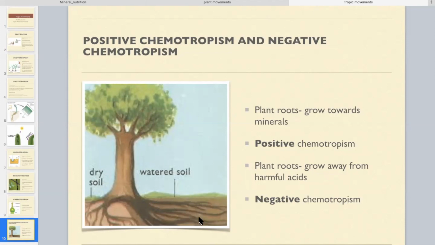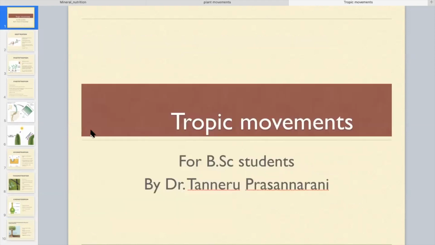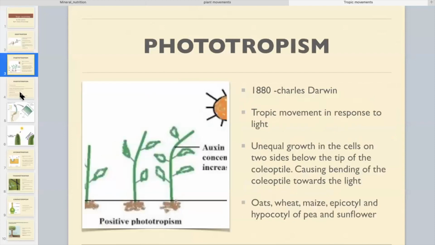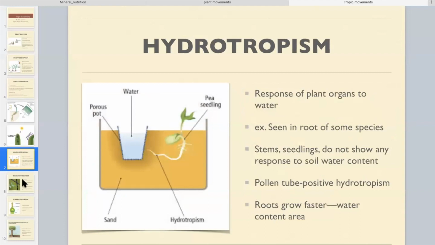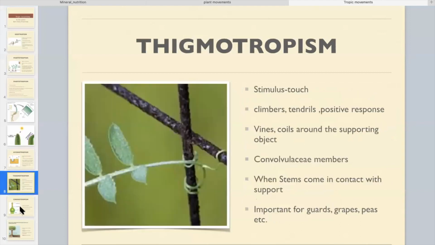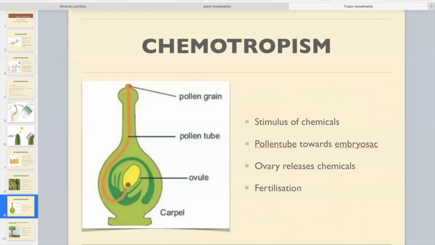So two kinds of things are seen in chemotropic movement. So students, here we come to the end of our movements: tropic movements, geotropic movement, phototropic movement, and hydrotropic, thigmotropic, and chemotropic movements.